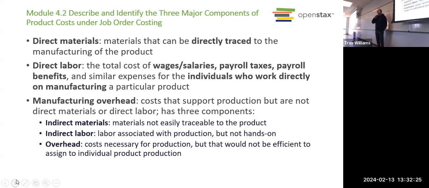Maybe there are two things that come to mind. Sometimes materials get wasted. They end up being scrapped because somebody made a mistake or something went wrong. So that would fall into indirect materials because it didn't end up going into a specific product. But sometimes you've got material costs that it's just too hard to track how much went into that particular product.